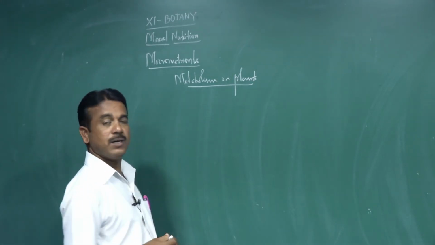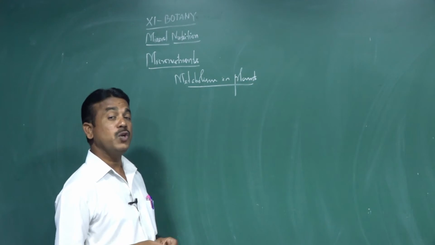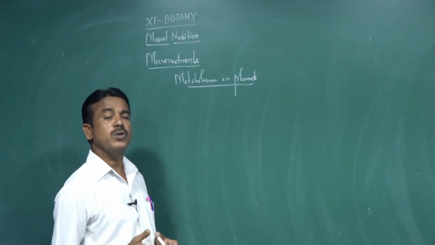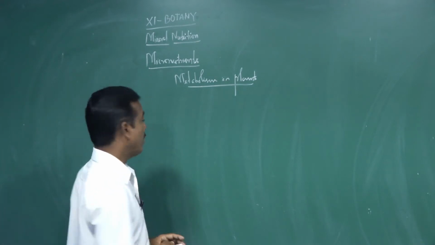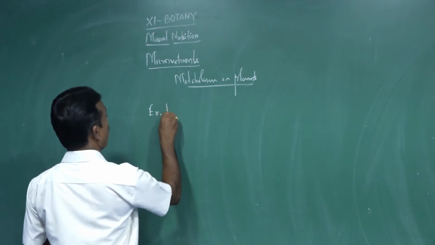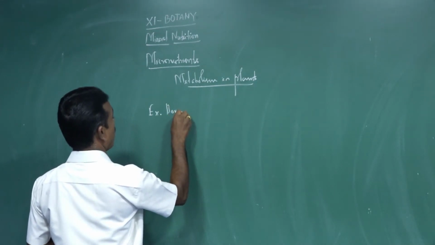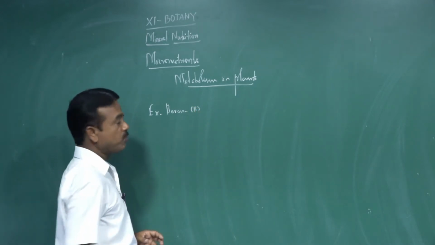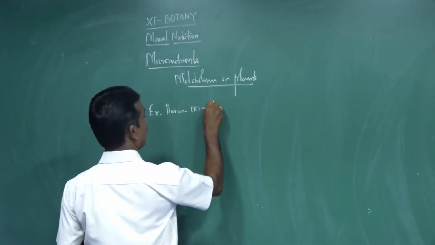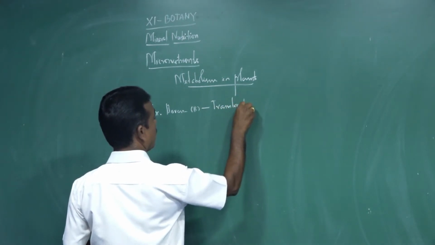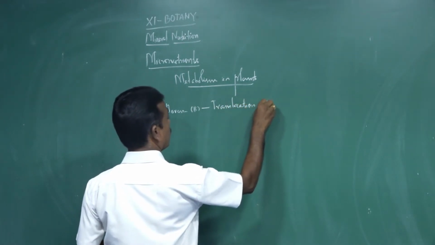So in the chapter, micronutrients play many roles in many plants. For example, boron, the symbol is B, is responsible for translocation of sugars.